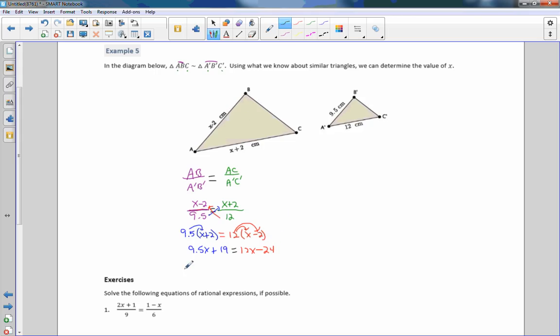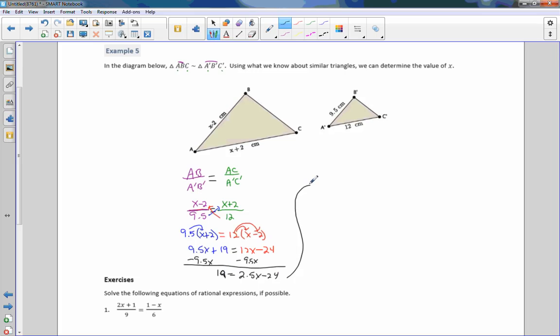Again, I'm going to move the smaller x over to the other side. 9.5 is less than 12, so I'm going to subtract 9.5x from both sides to keep my x positive. These will cancel, and I will get 19 equals 2.5x minus 24.